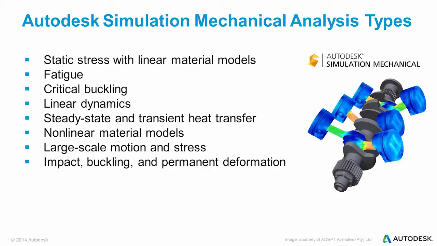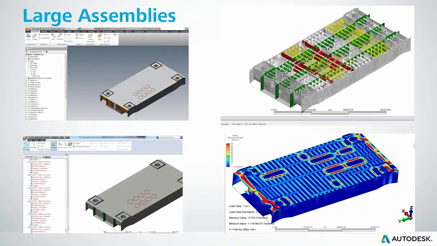So it can do fatigue, buckling, applied vibrations, thermal, non-linear, motion, impact testing, drop testing. Very comprehensive. You can read in large assemblies. You can easily create a mid-plane mesh, or you can use solid meshes. You can suppress areas or parts you don't want to use in the tree. So it has a very easy to use interface.